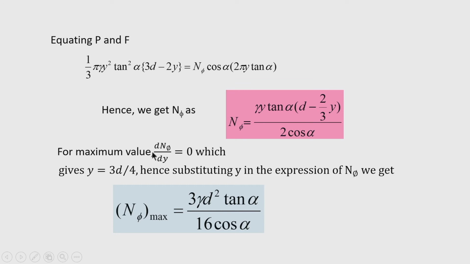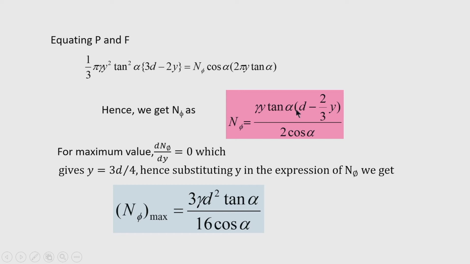For the maximum value, again we differentiate n phi with respect to y, because we want to know where the maximum value will occur and accordingly calculate it. After differentiating this quantity, where y is here, you get the term d into 2/3 y square.